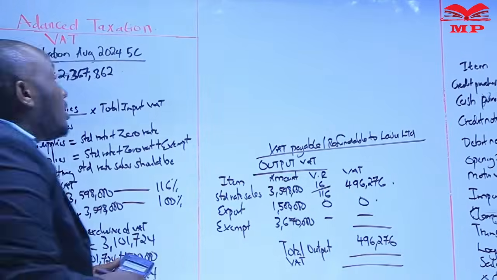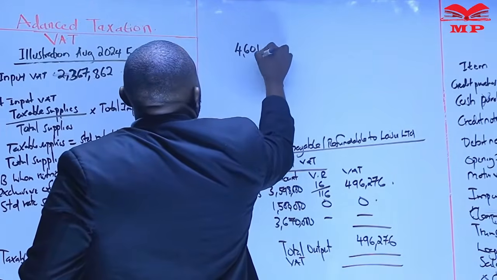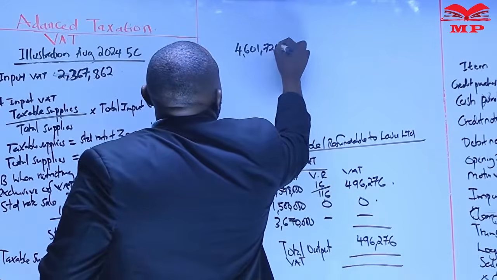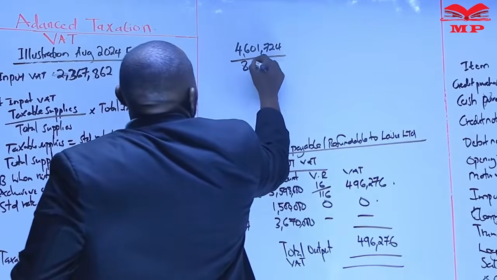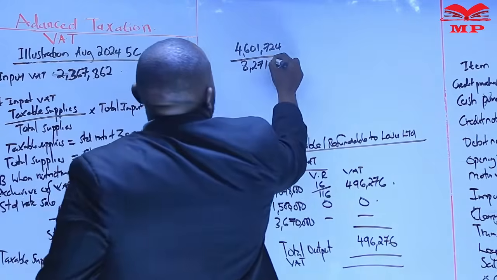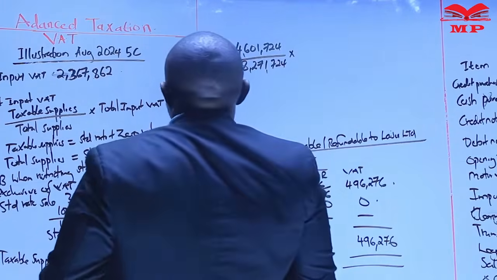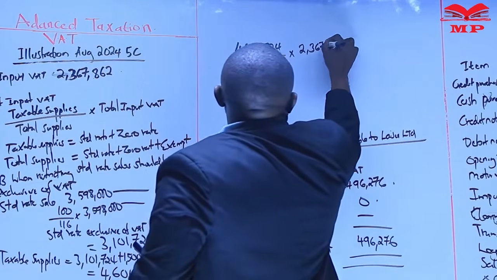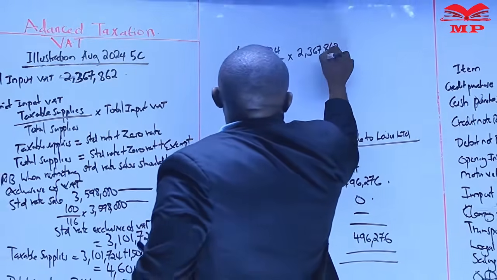Taxable supplies, 4,601,724, over 8,271,724, times total input VAT, which is 2,367,862.